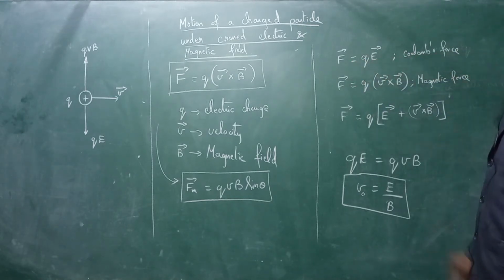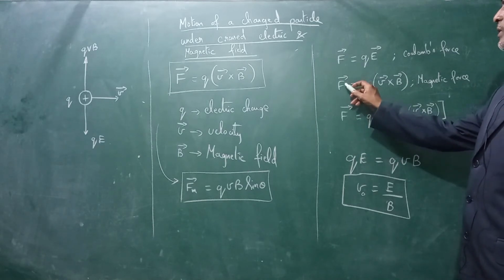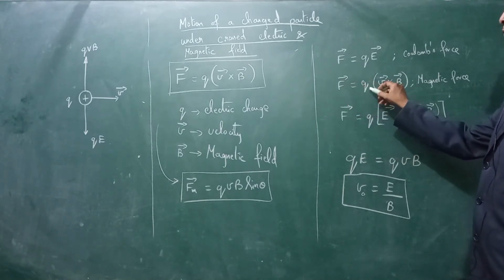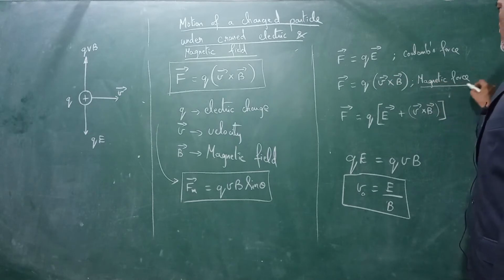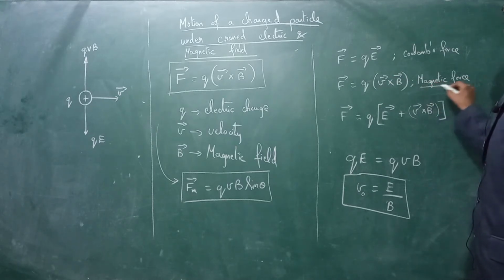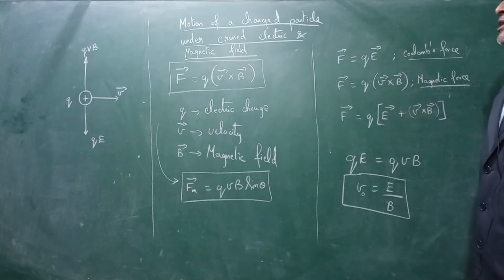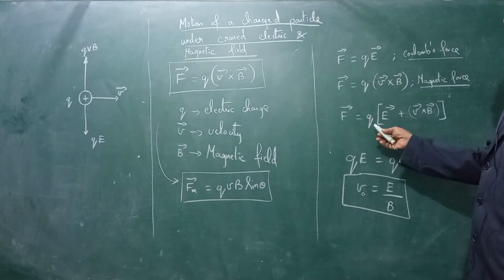This is Coulomb's force. And the force vector equal to Q into V cross B is due to the magnetic field, the magnetic force. Here we have Coulomb's force. So we have the total force because of the electric and magnetic fields. Q is a common term.